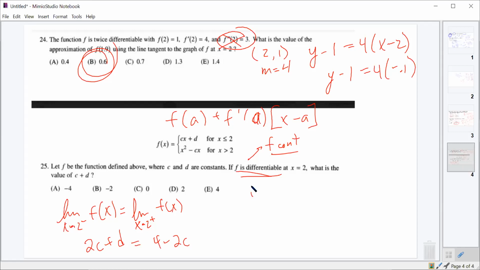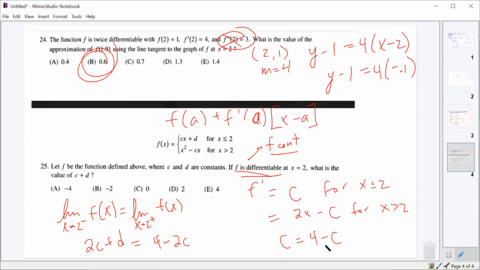And then we should take our derivative. f prime is equal to c for x less than or equal to 2, and f prime is equal to 2x minus c for x greater than 2. And if it's differentiable at 2, it means that when I plug in 2 for x, these should be the same. So c ought to equal 4 minus c.